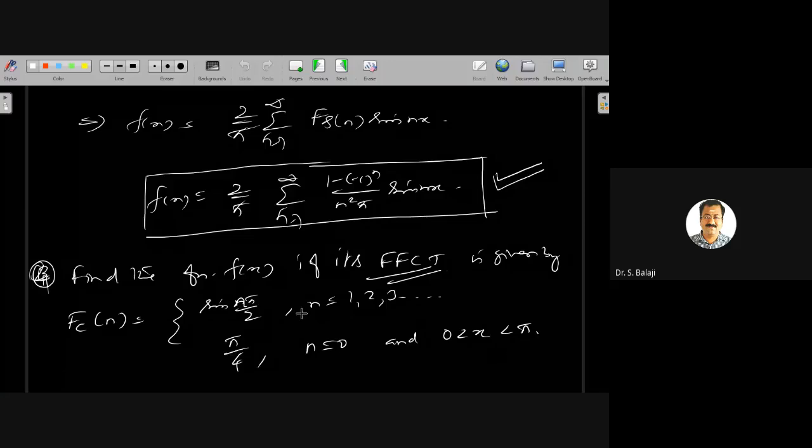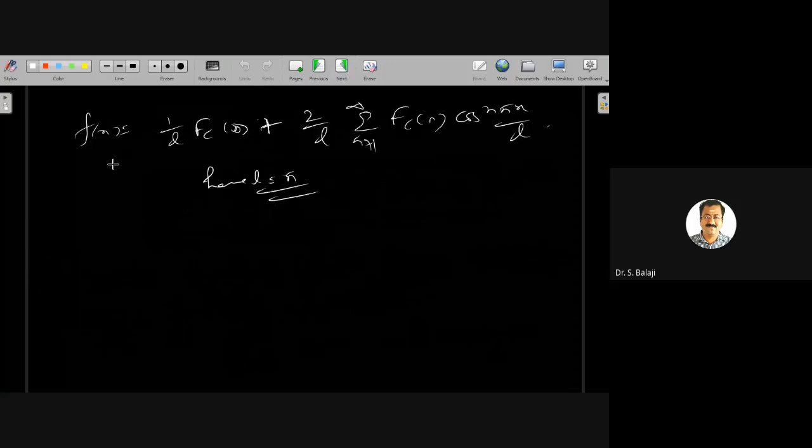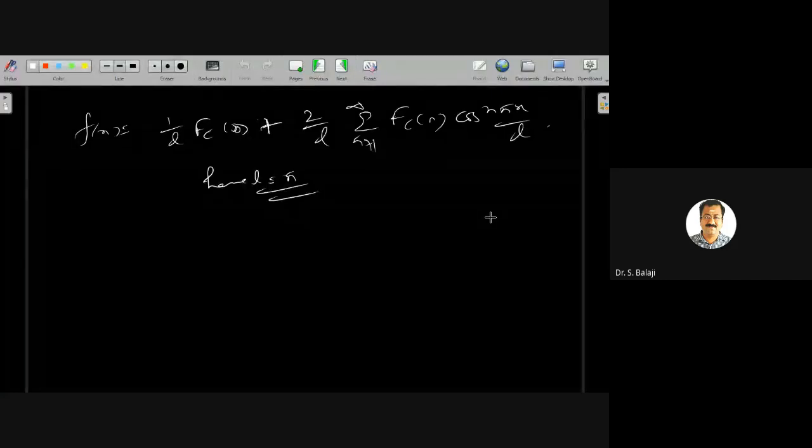Fc of n is given, and f of x you have to identify. Therefore, the solution is f of x equal to 1 by L Fc of 0 plus 2 by L summation n equal to 1 to infinity Fc of n cos n pi x by L. You know the definition of the inverse finite Fourier cosine transform.